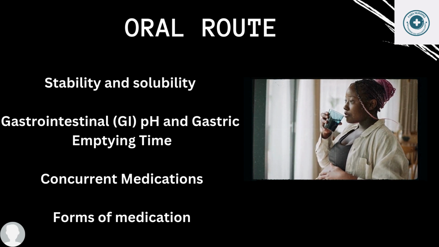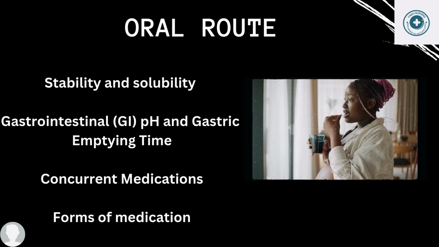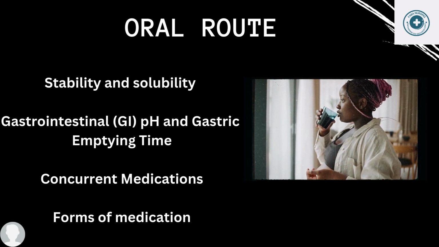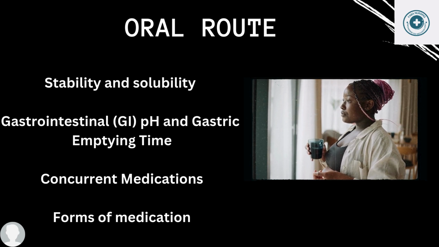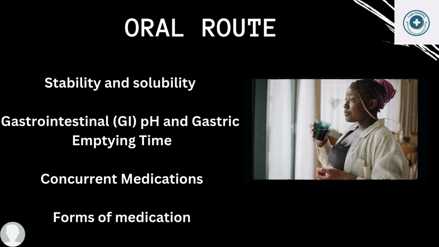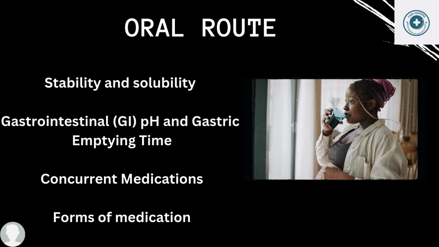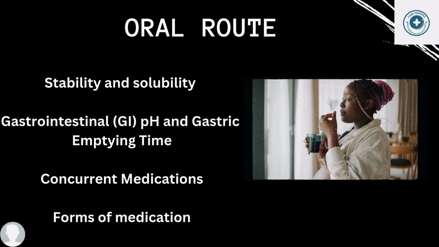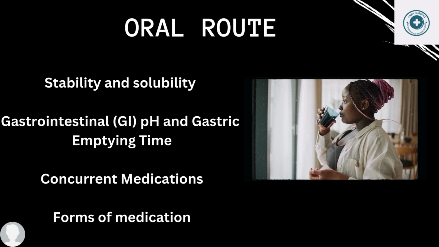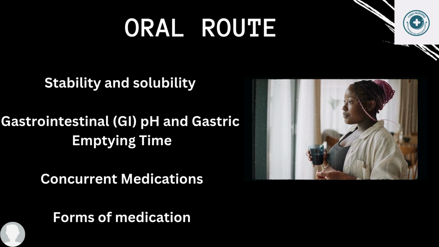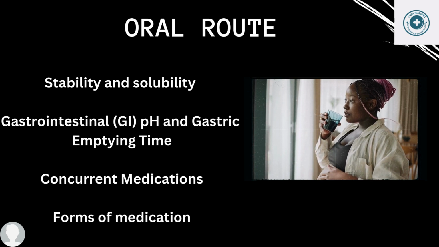And when medications are given orally, they are absorbed as they pass through the epithelial cell lining of the GI or gastrointestinal tract. The pattern of absorption for oral medications can vary due to several factors. Some of these factors include the stability and solubility of the medication, the gastrointestinal pH or the GI pH, and the gastric emptying time.